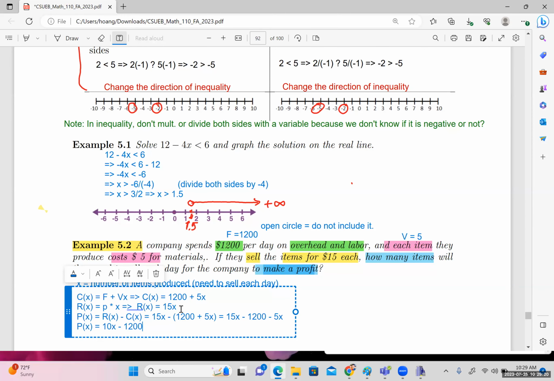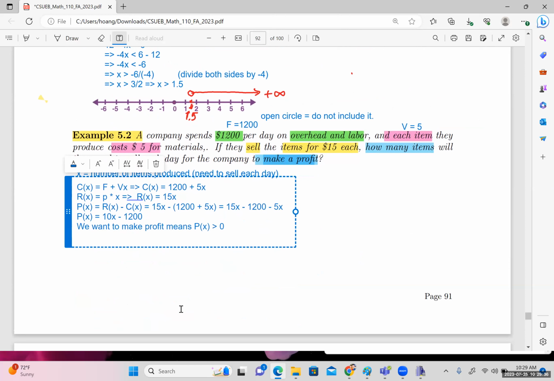Right? In the question we say we want to make a profit, which means profit must be greater than 0, right? So then I'm going to set up 10x minus 1200 greater than 0, and I solve for that. I'm going to add 1200 to both sides.